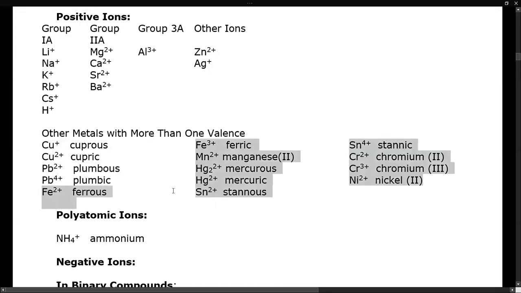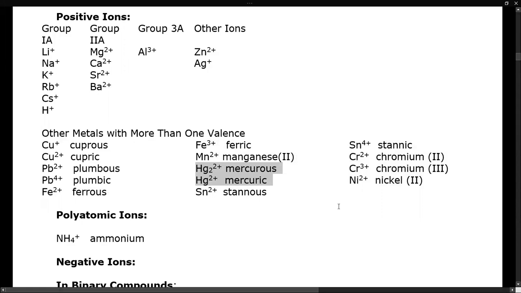You've got ferrous and ferric. And those are all ones you need to know. And stannous and stannic. You could do mercurous and mercuric as well. It's always the lower and the higher charge.